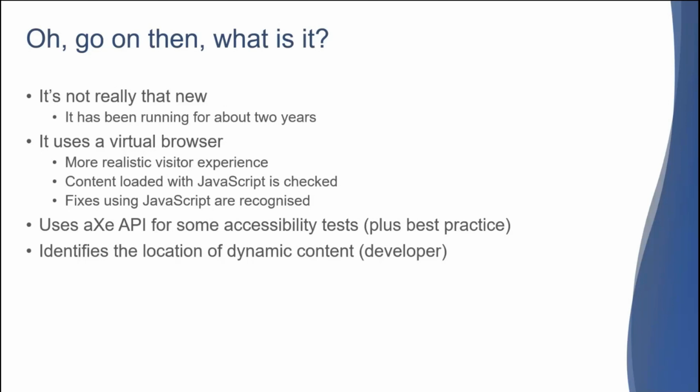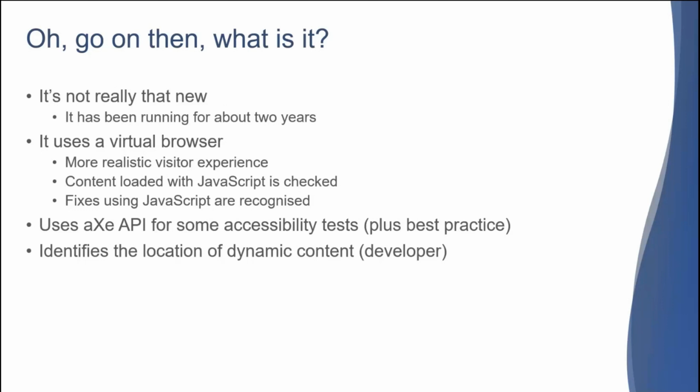So, for example, use some JavaScript to add some alt tags for accessibility, or to change the HTML so that it behaves one way and not another. So using a virtual browser, of course, means that if you have something that applies those fixes after the page has been downloaded, then of course we'll be able to recognize those as well.